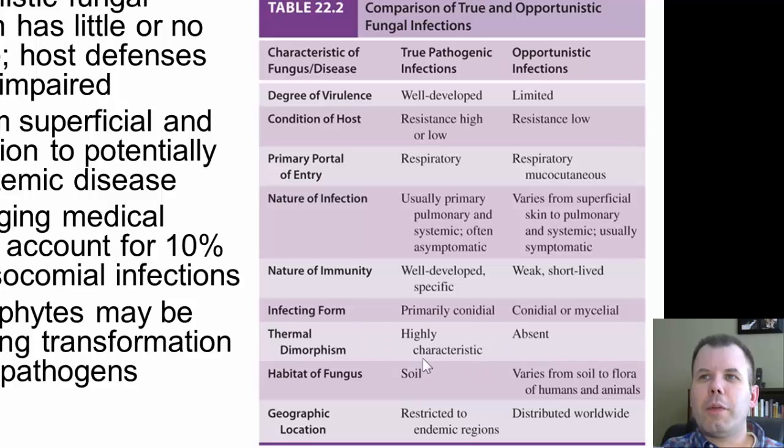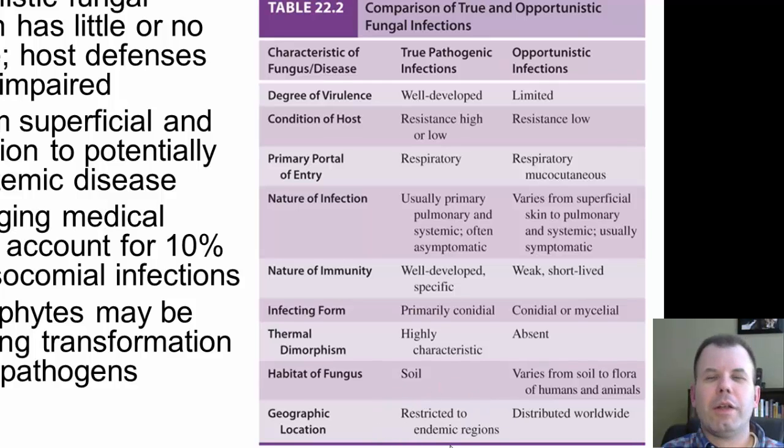And again, thermal dimorphism is highly characteristic. These will either stay as yeast or as the furry type of growth, and again, opportunistic, and we'll look at this as well. Typically, these guys are found in the soil, and this can be from soil, other humans, and other animals because, again, they can spread opportunistically. And again, where we see these things are typically endemic regions.